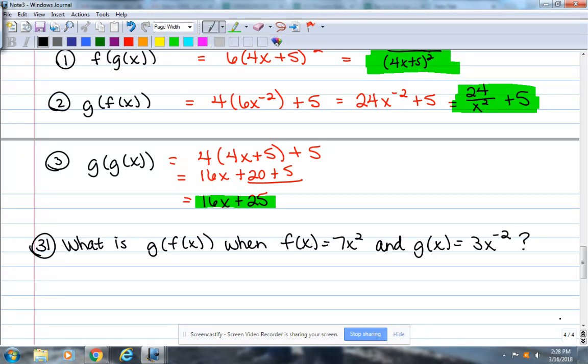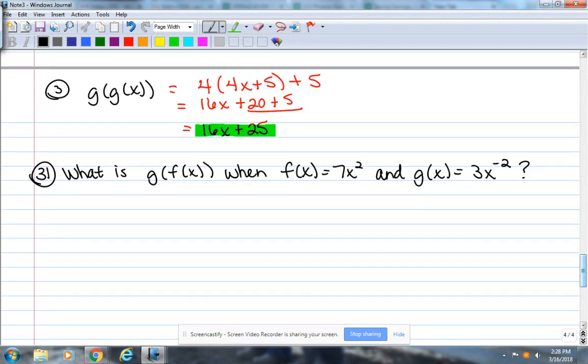So we're finding g of f of x. How do we do that? Yeah, that's right.